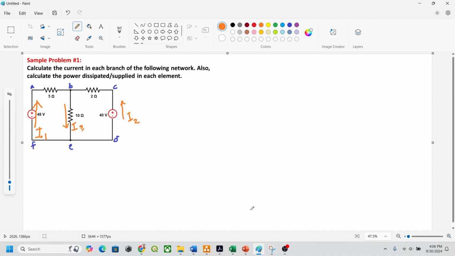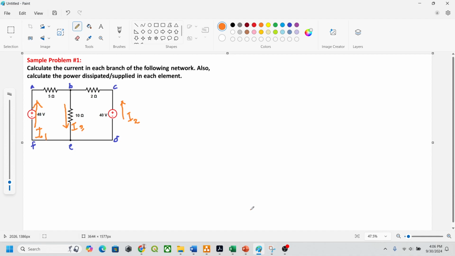So in this example, we have three. So we have two options for our equations: either we have a KVL or a KCL.